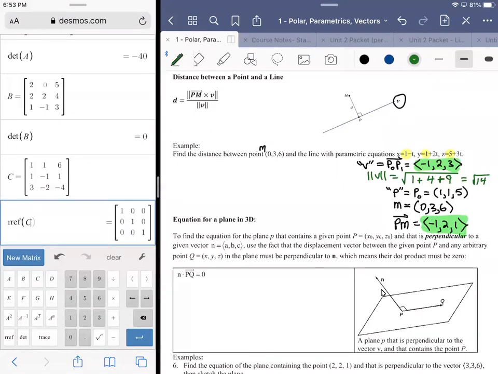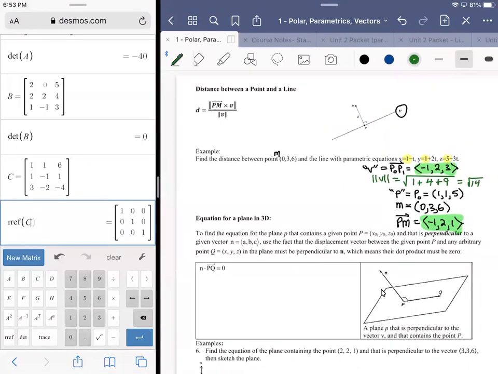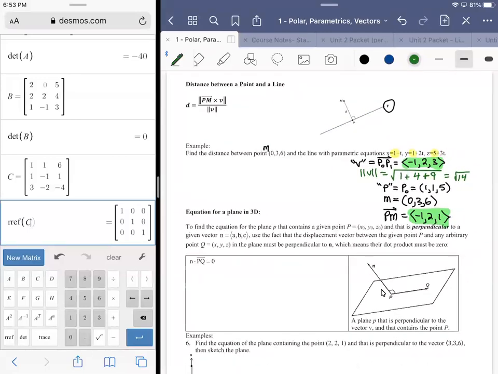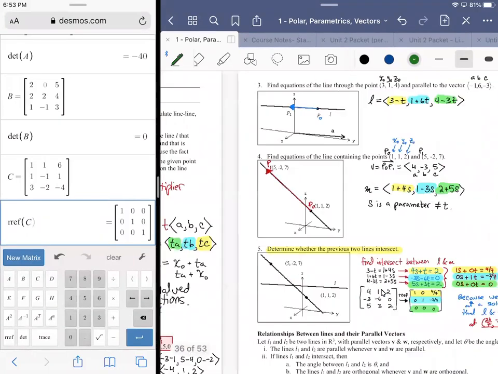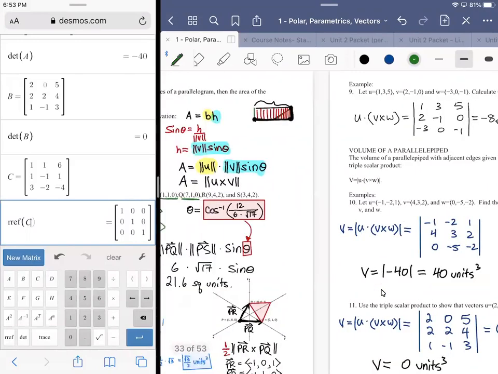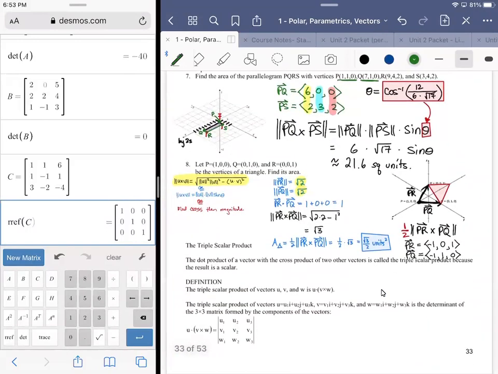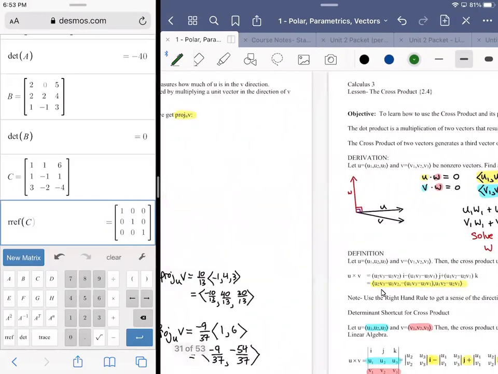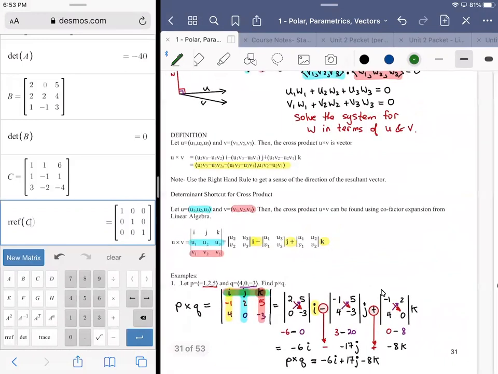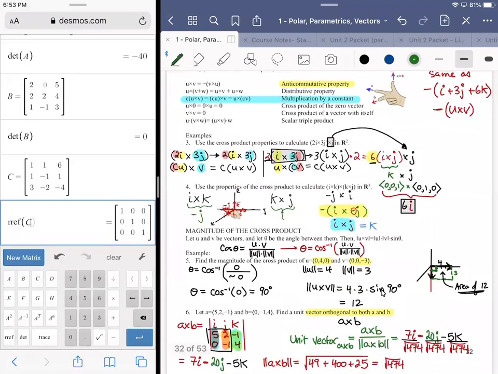Just a refresher. We have other techniques that we could use. We could find the cross product and then find the magnitude of that cross product, or we can use one of those handy dandy formulas. Let's see if I remember where I put it. Oh, it would be in the cross product section. The magnitude of the cross product, we had that U cross V is equal to the product of the magnitudes multiplied by the sine of theta.